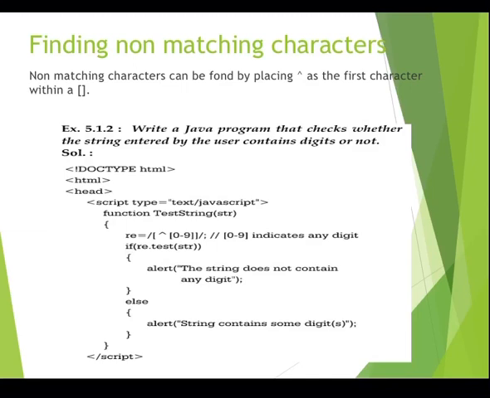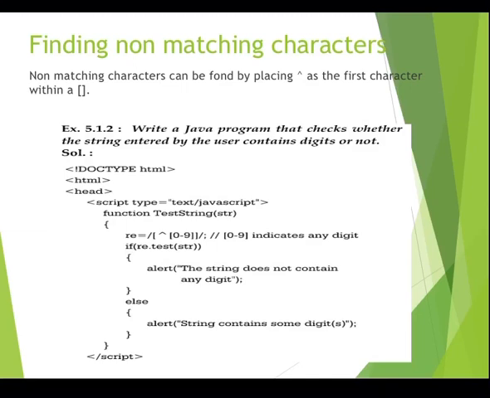First you have to place your ^ character, and whatever you don't want to match you have to specify after that ^ character. Then your regular expression will check that the string does not contain those particular characters.